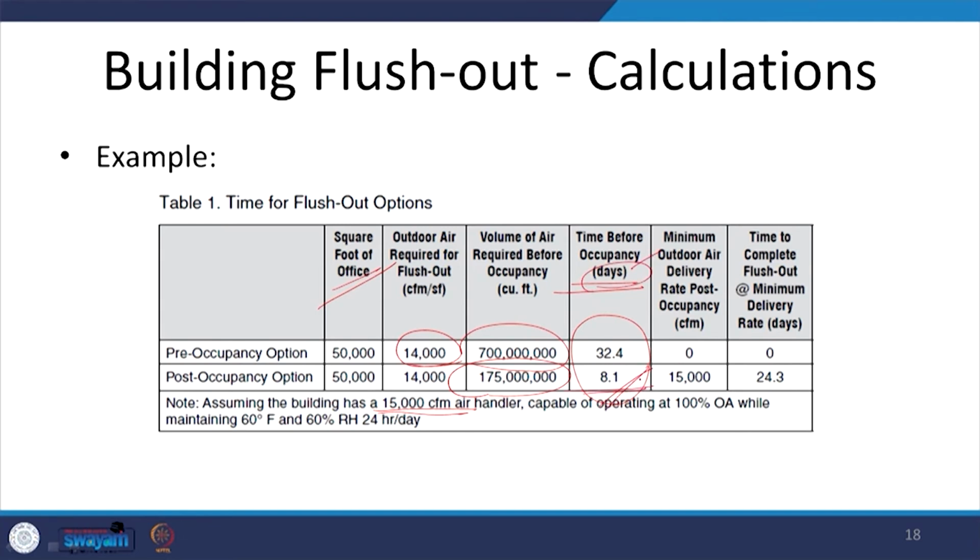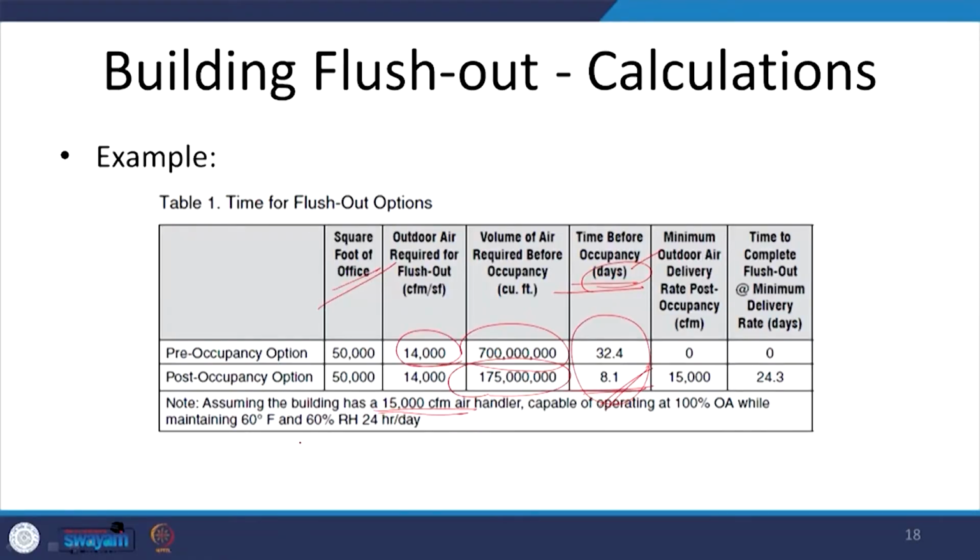Now, unfortunately, we do not flush out our buildings post construction and before occupancy. Here we can see that at a 15,000 CFM air handler rate, which is already there in the building, capable of operating at 100% while maintaining 60 degrees Fahrenheit and 60% RH for 24 hours per day, and for supplying the total volume of air calculated based upon the rate and area, at least a total of 32 days of flush out has to be done.